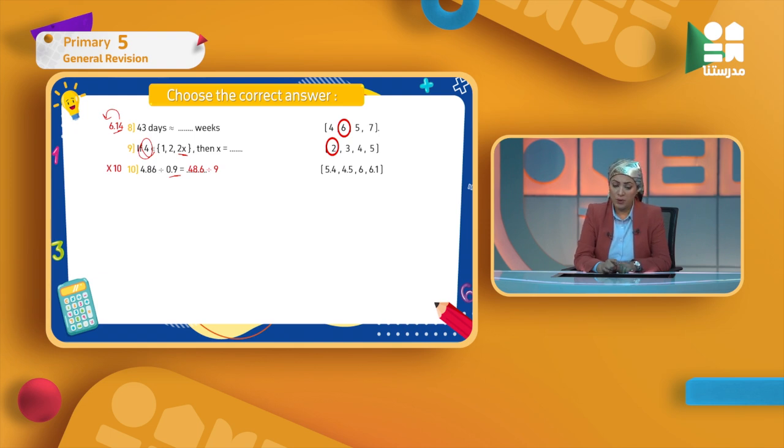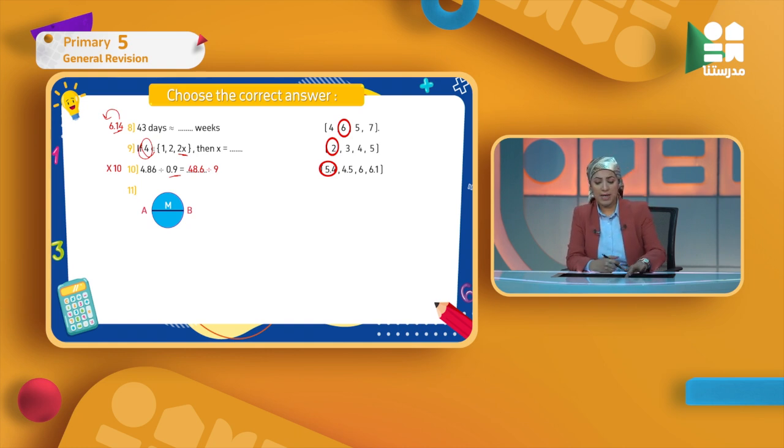I will use the long division, so the answer will be 5.4.